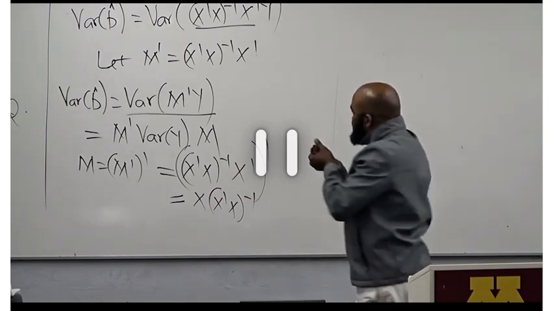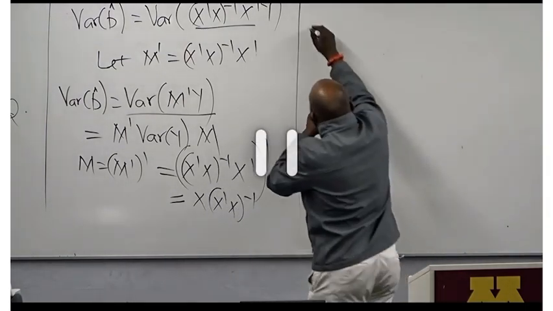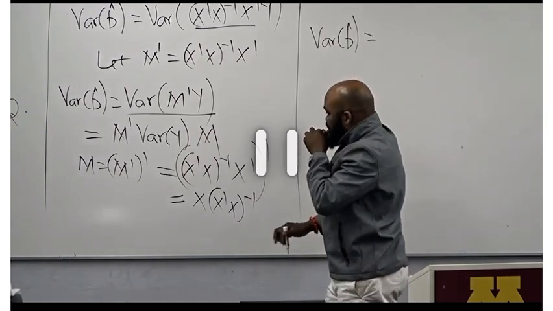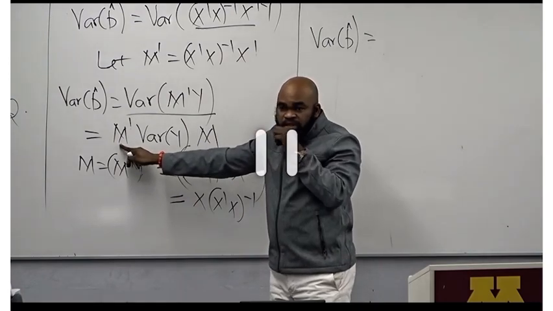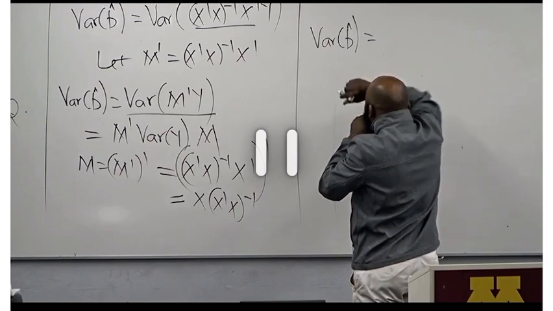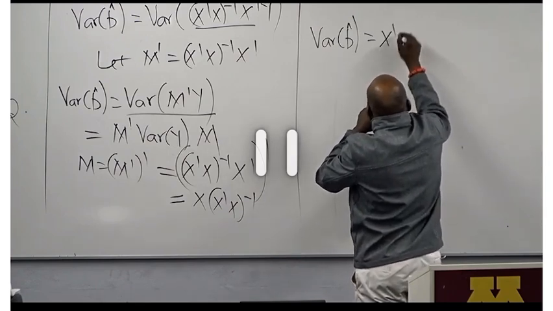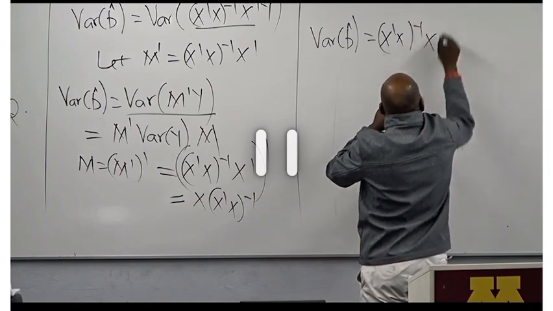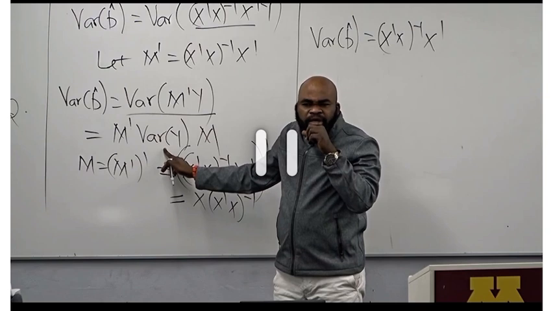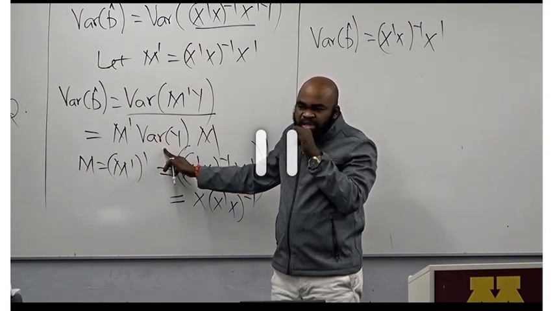Focus on the board. Now, I'm going to write the variance of that equal, M transpose. The M transpose is this guy. I'm going to write that. That's our M transpose. What is the variance of Y? Of course, by the assumption of the model, the variance of Y is sigma squared. You know that, right?